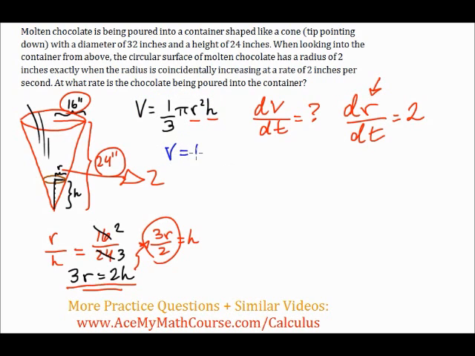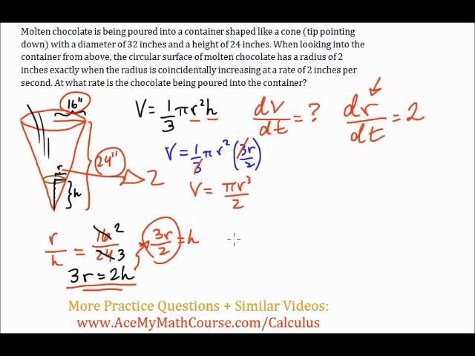So I get V equals 1/3 pi r squared times 3 over 2 r. Fantastic. Now let's simplify the volume expression. The 3's cancel out. You can multiply the r, so V equals pi r cubed over 2. So that is the volume of the chocolate as a function of the radius of the circular surface there.